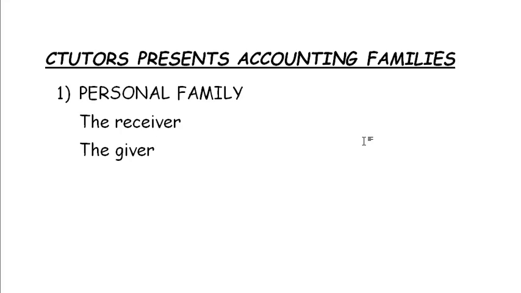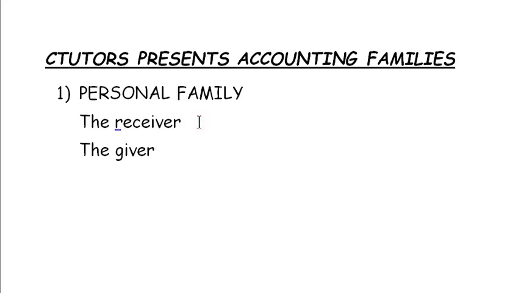So when you read a transaction, try to identify who is who in that transaction. Is the person involved in that transaction a receiver? Is the person involved in that transaction a giver? And what did the law say?